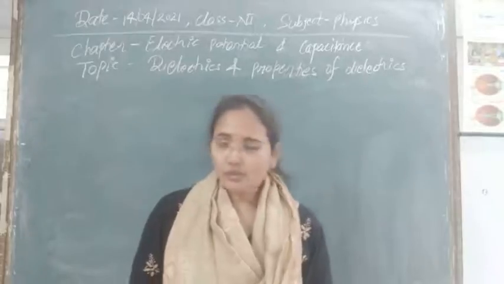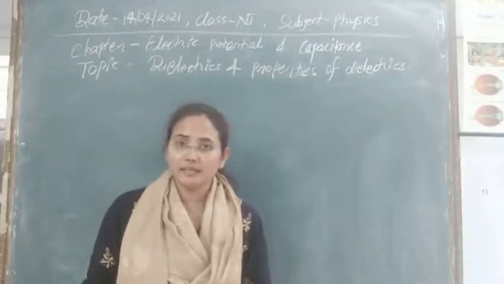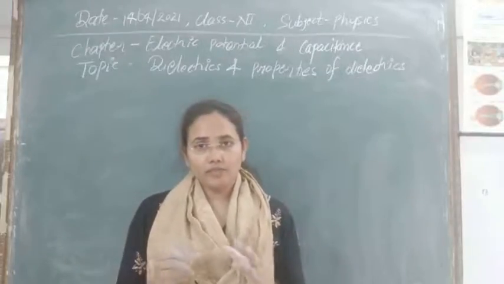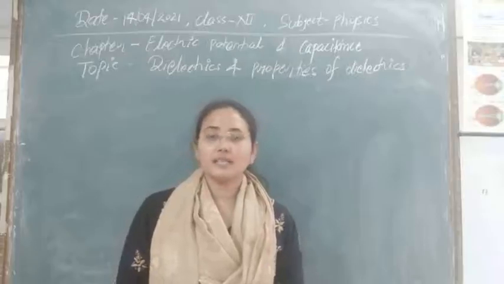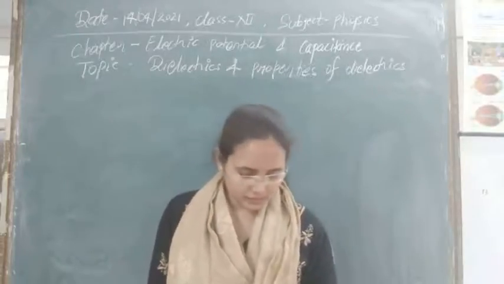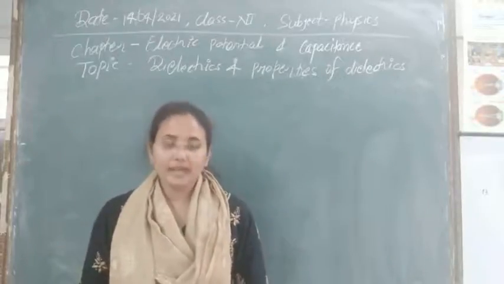So I think it is clear how the capacity is increased due to the presence of another medium: because of the induced electric field, the overall electric field is reduced, and due to that the capacity is increased. Now let's see what the capacity of a parallel plate capacitor with a dielectric slab will be.